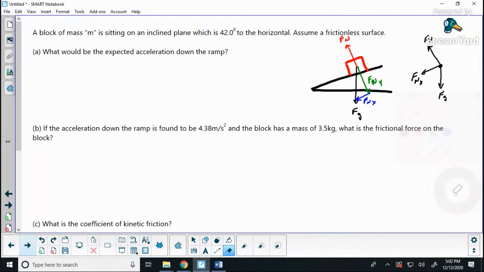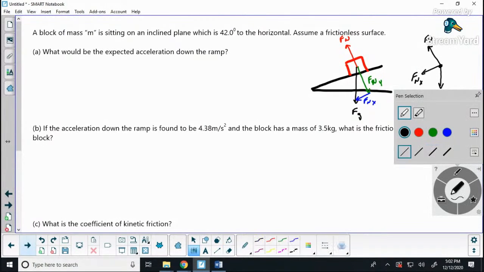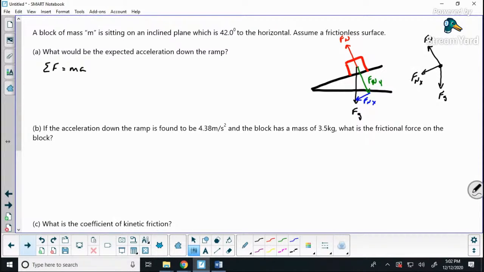So now let's work what the problem actually asks. It says, what would be the expected acceleration down the ramp? Okay, so let's start out with a base equation that net force always equals mass times acceleration. And if I'm looking down this ramp, I'm looking in the x-axis. So net force in the x-axis would equal the mass times acceleration in the x-axis. Well, we've got another equation for net force in that x-axis.